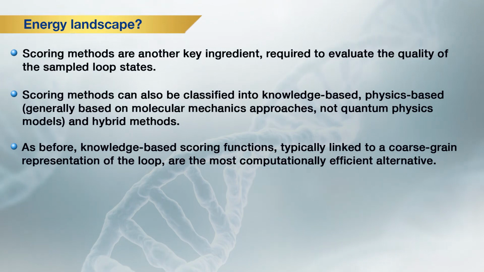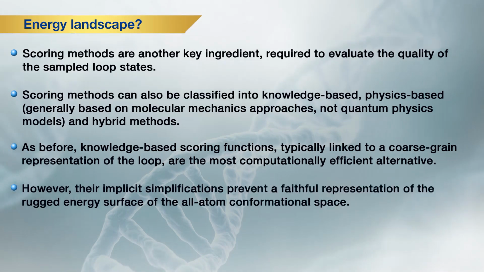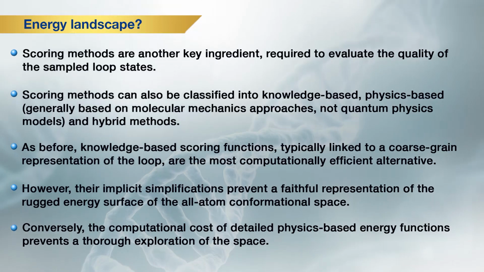Knowledge-based scoring functions, typically linked to a coarse-grained representation of the loop, are the most computationally efficient alternative. However, their implicit simplifications prevent a faithful representation of the rugged energy surface of the all-atom conformational space. Conversely, the computational cost of detailed physics-based energy functions prevents a thorough exploration of the space.